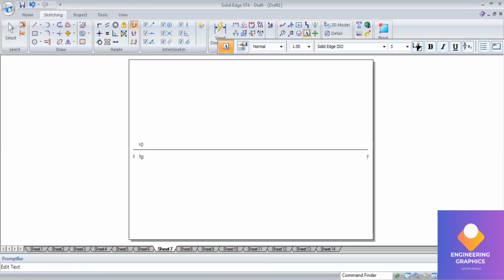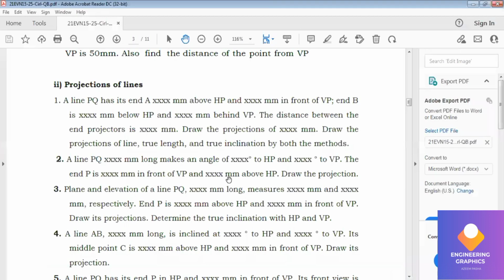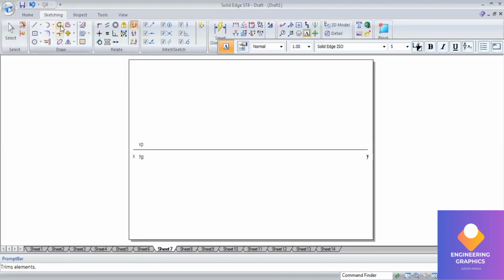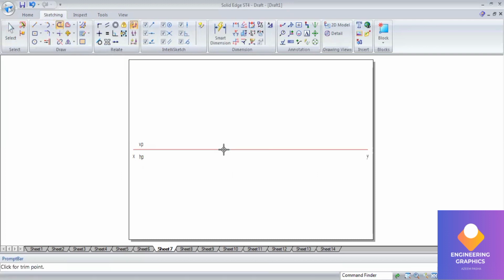So from projection of lines we can consider the first quadrant. Okay, now I will be considering the locus lines for the end points.